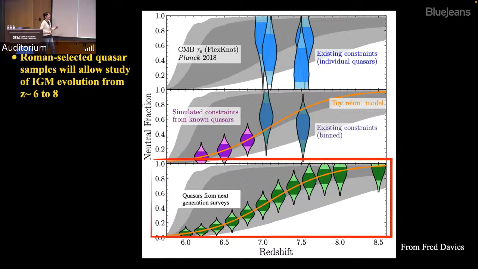With the next generation, we get a larger sample of quasars, we can directly trace the IGM evolution as a function of redshift from 6 to 8.5, with much improved error bars here. So this is where we can learn about reionization from, for example, the Roman quasar sample.